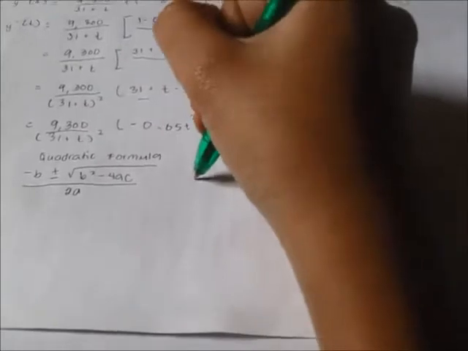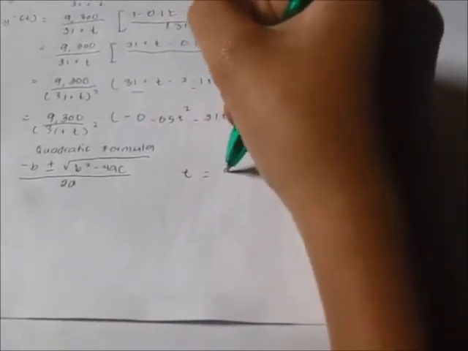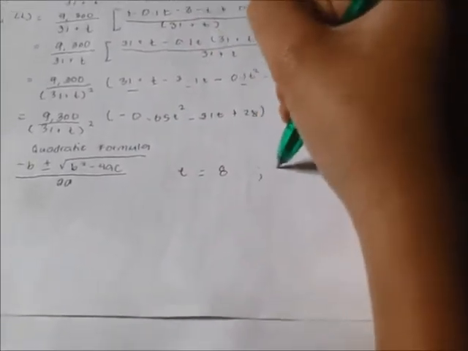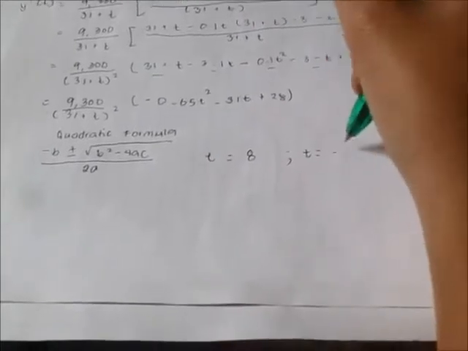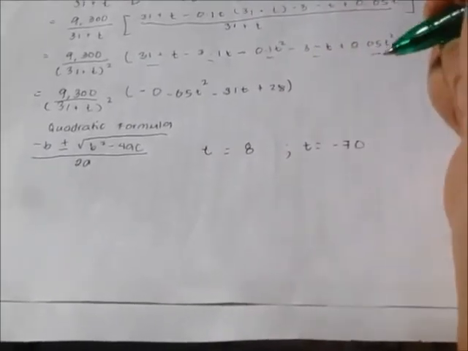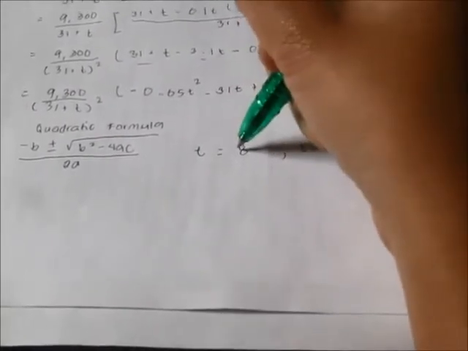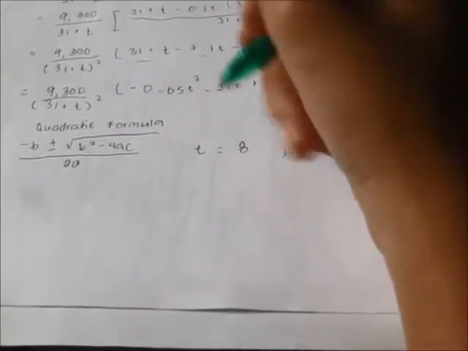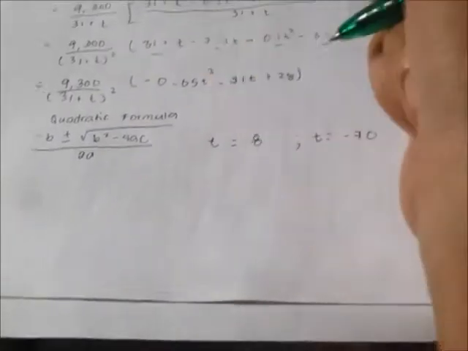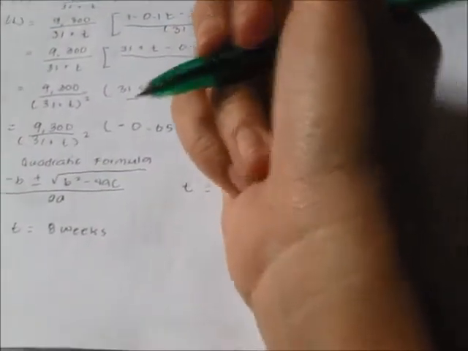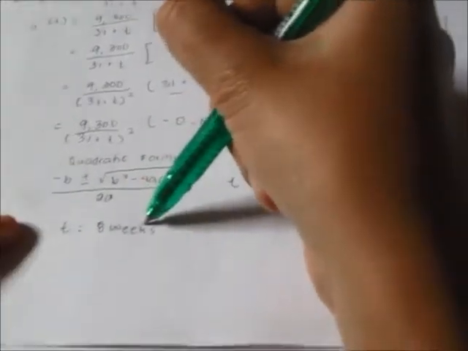And then we may get T equals 8 and T equals negative 70. Since this is about weeks, we must get the positive value. So the final answer is 8 weeks. It is when the expected yield is the largest.